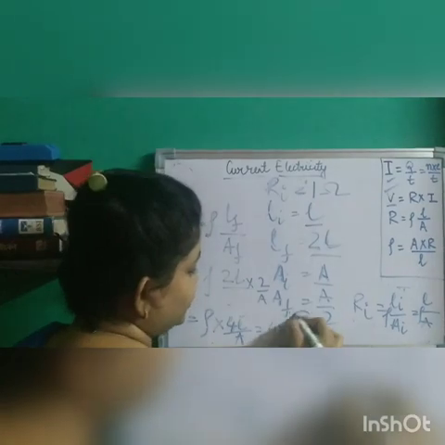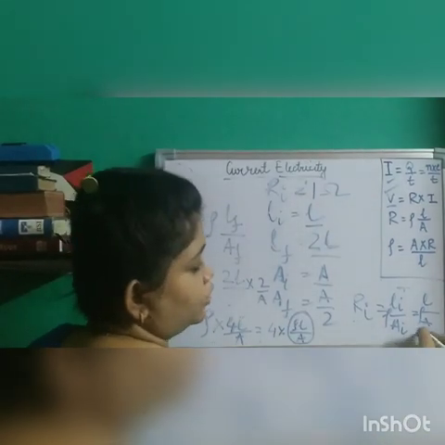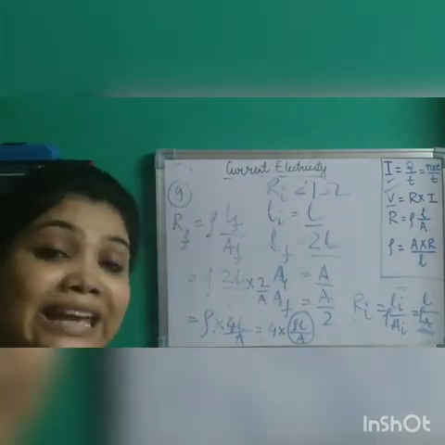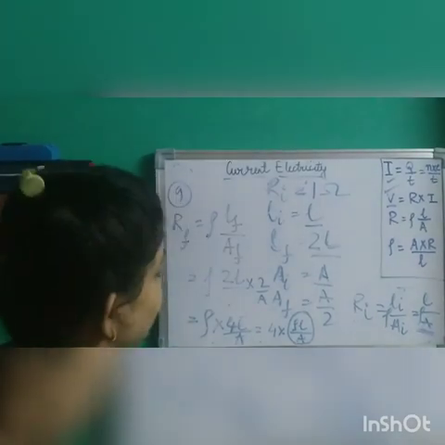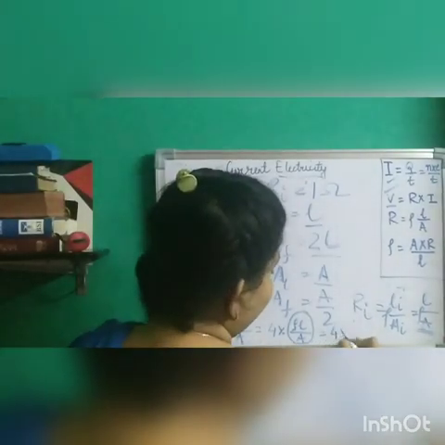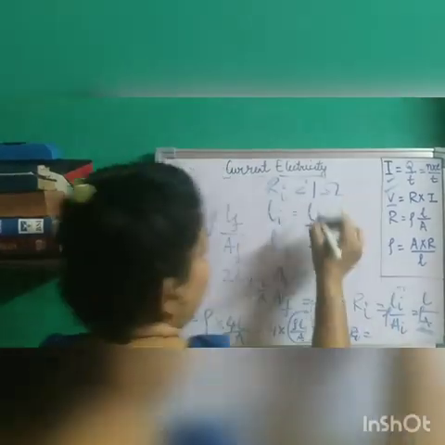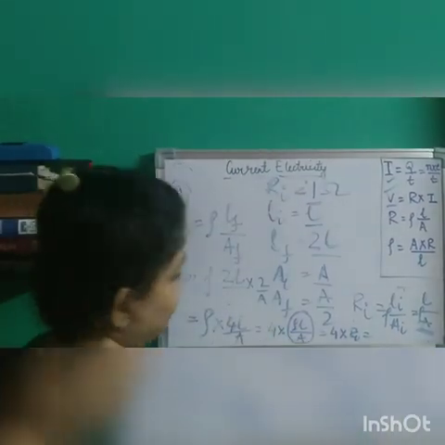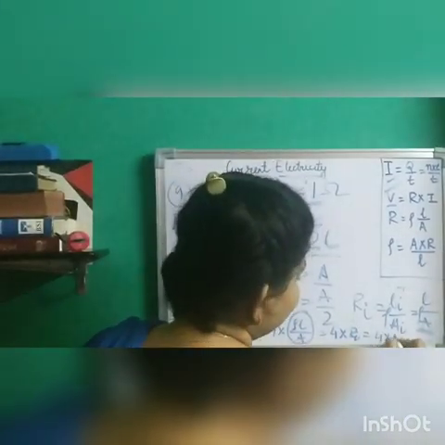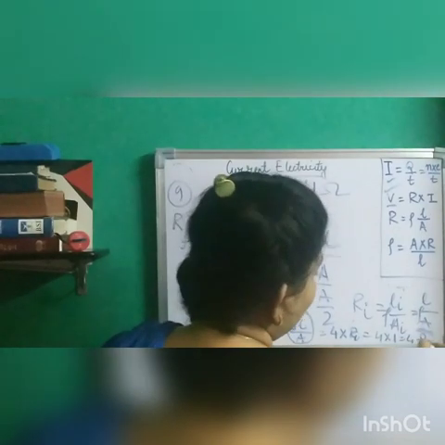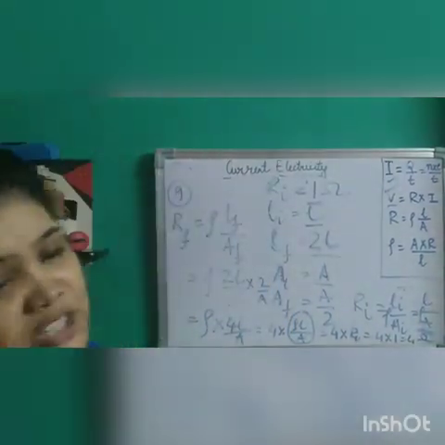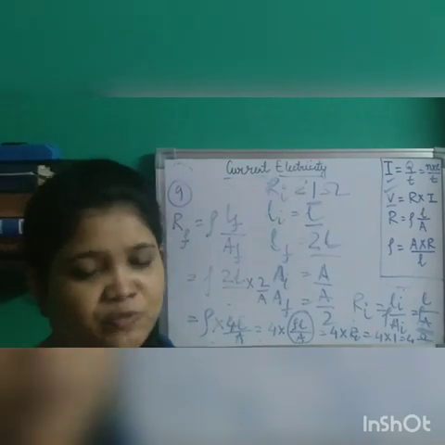This rho L by A is nothing but the initial resistance. So it is 4 into Ri. Ri is given as 1 ohm. So the new resistance will be 4 ohms.